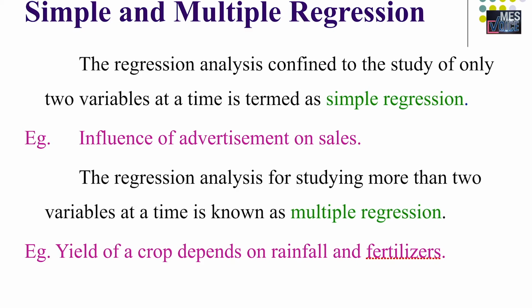Example, influence of advertisement on sales. The regression analysis for studying more than two variables at a time is known as multiple regression. Example, yield of a crop depends on rainfall and fertilizers.